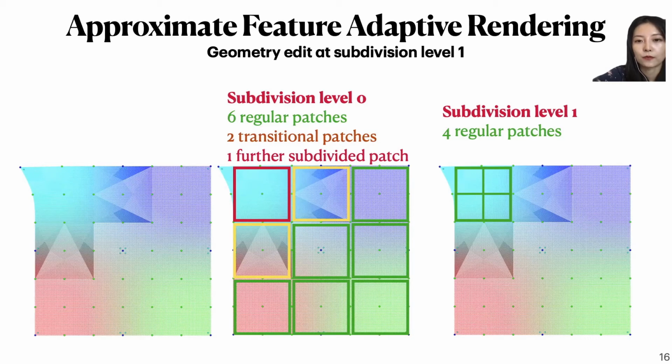It should be further subdivided. 2 yellow quads around it are transitional patches. The green quads are regular faces, which are rendered with ACC1 patches. At subdivision level 1, the affected quad is further subdivided into 4 quads and then rendered with ACC1 patches.